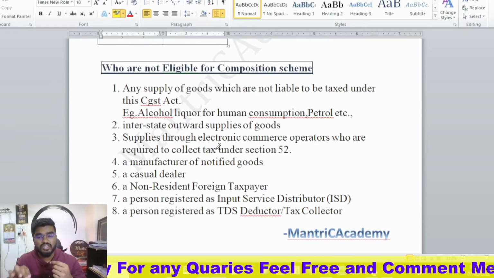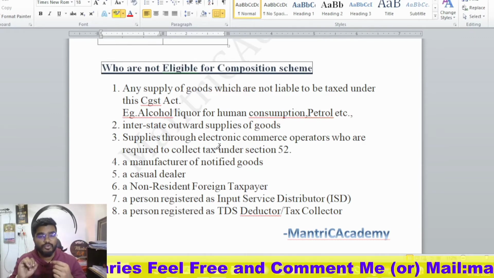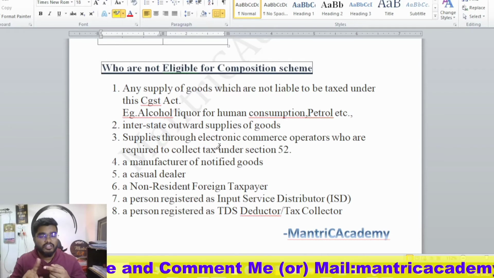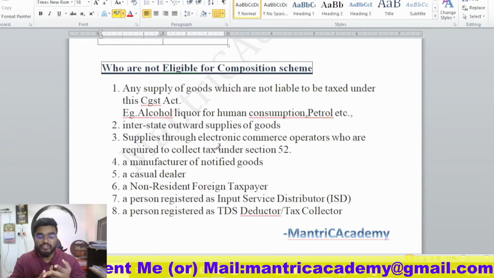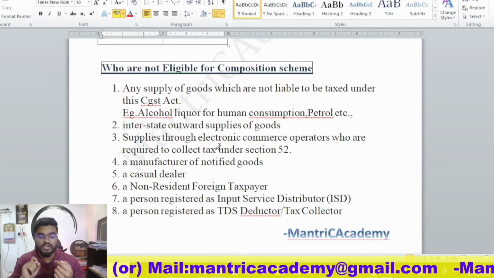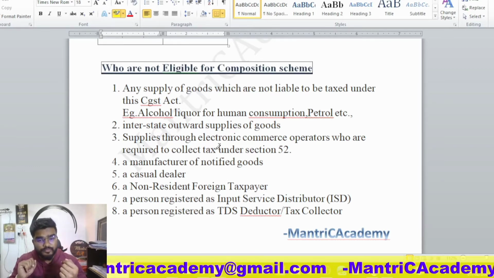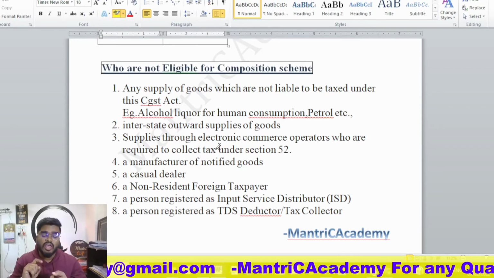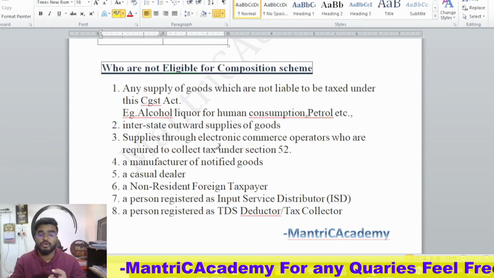If you want to sell outside the state, the composition scheme will not be available to you. Supplies through electronic commerce are not eligible. Manufacturing of notified goods: if some goods are notified by the government, the composition scheme will not be eligible. Casual taxable person and non-resident foreign taxpayer are also not eligible.